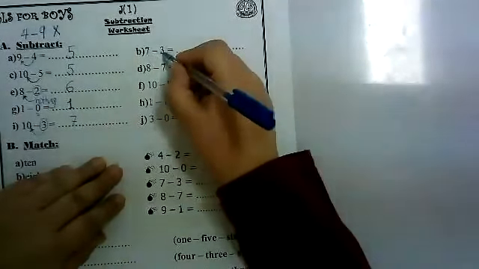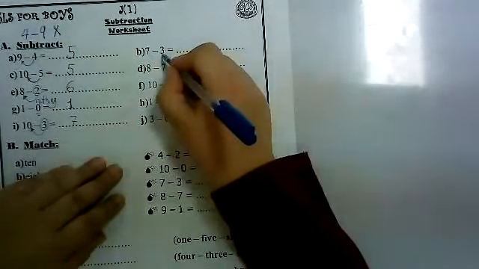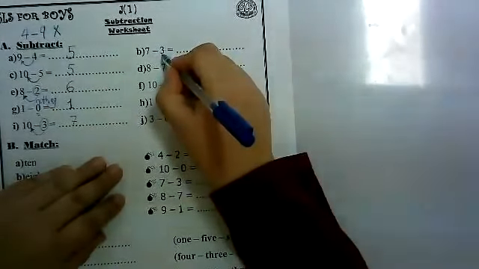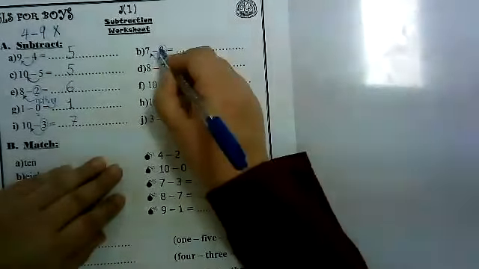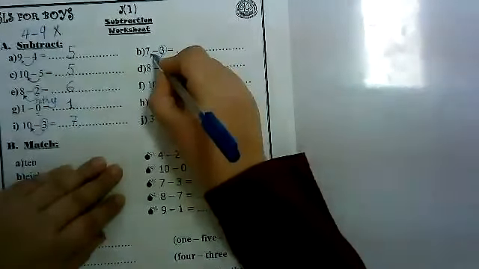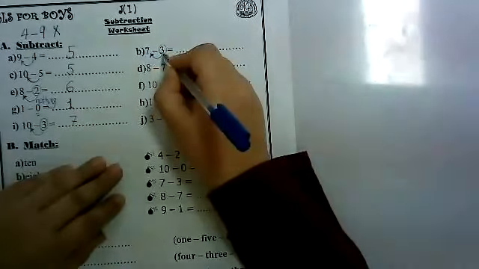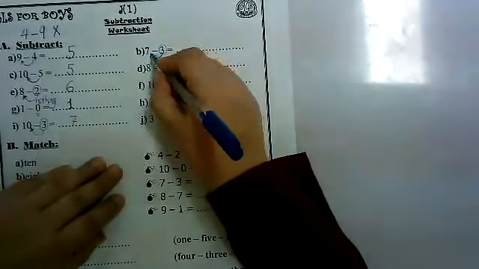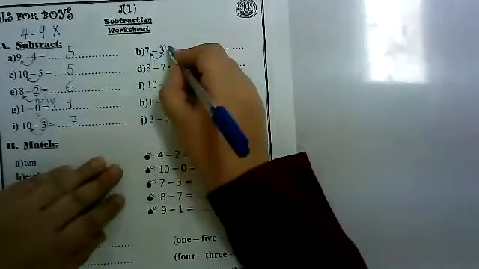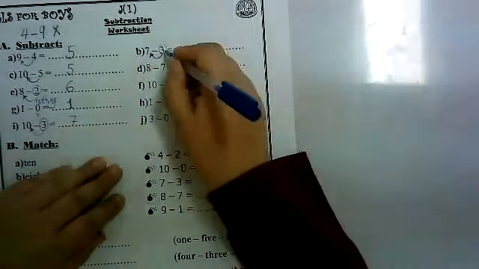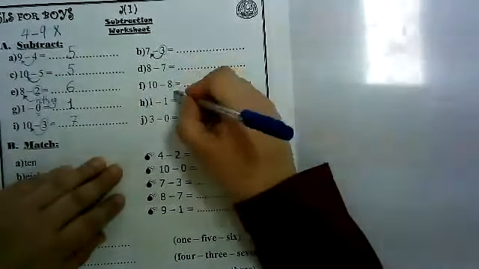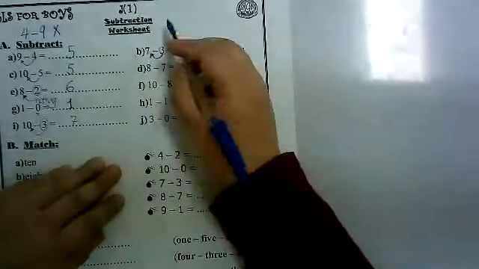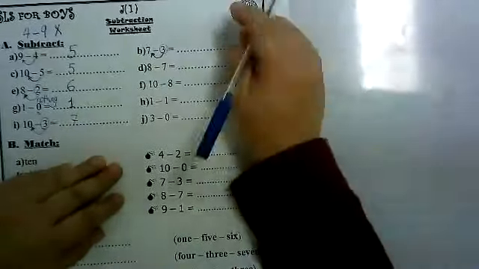So 7 minus 3, it's getting smaller and smaller, so we count after the smaller. Draw an arrow, a road, and we are going to walk along the road from the smaller to the bigger, from 3 to 7.